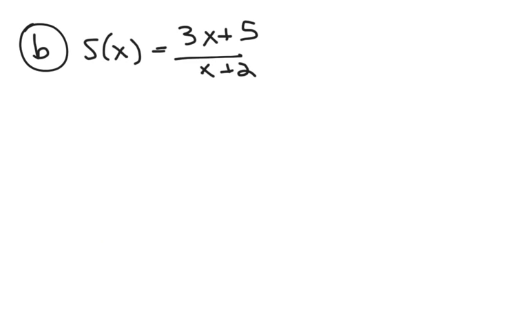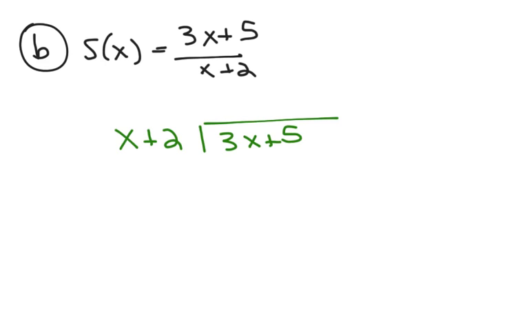In this second function, 3x plus 5 over x plus 2, it would be really awesome if this equation were set up in the same format as the last one, so it would be easy to tell what the transformations are going to be. Well, I claim to you we can rewrite it. We're going to perform longhand polynomial division, because fractions are just division problems anyway.